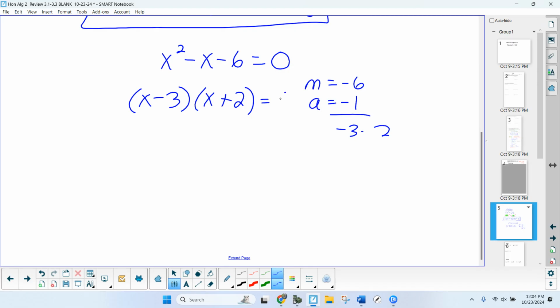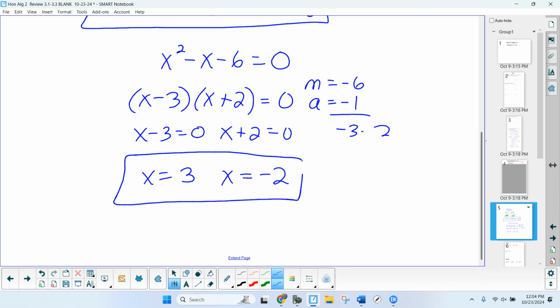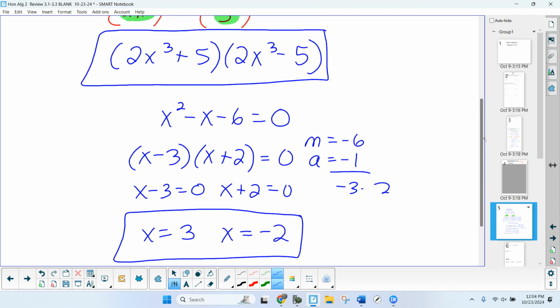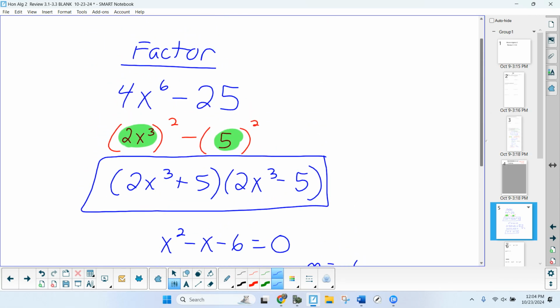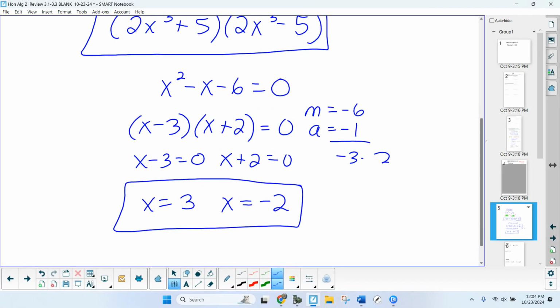It said solve by factoring. So when you set each of these equal to 0, what do you get for your answers? 3 and negative 2, x equals. So please pay attention to the difference between factor, where you just leave your factors, there's no equal sign, you don't solve anything, and solve by factoring, which means use factoring to get to what x is.